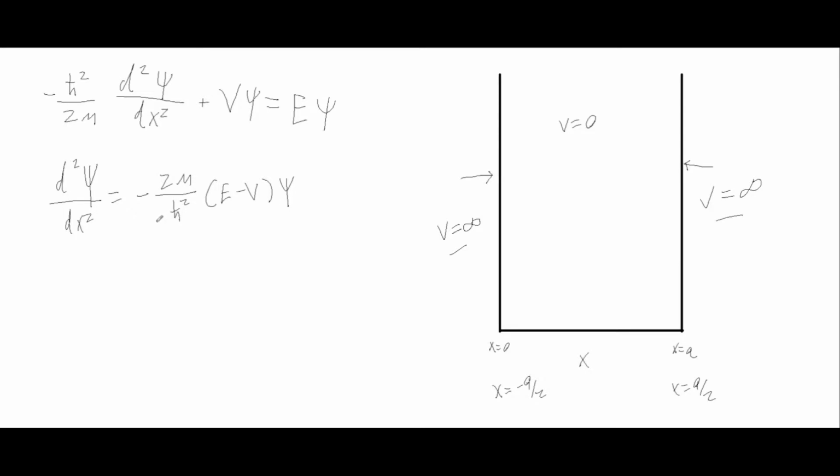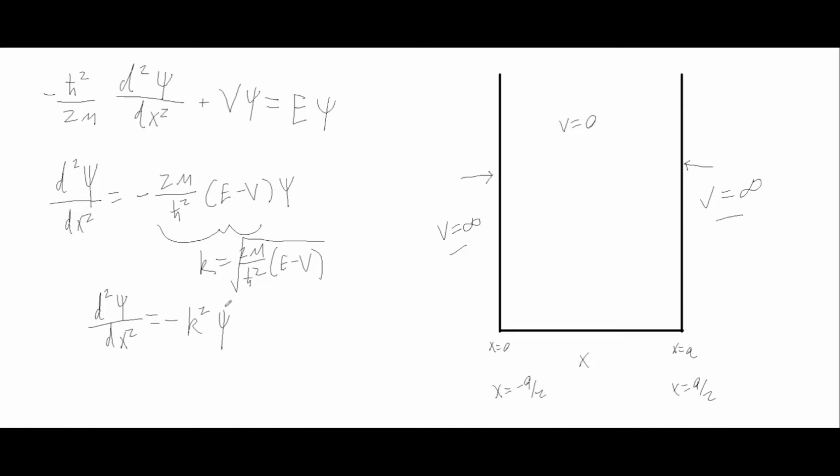And then we defined all this as k. So we said k is equal to the square root of 2m over h bar squared times E minus V, energy minus the potential, so that the second derivative of the wave function with respect to x is equal to minus k squared times the wave function.